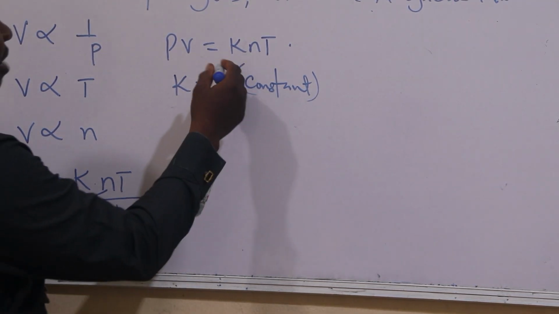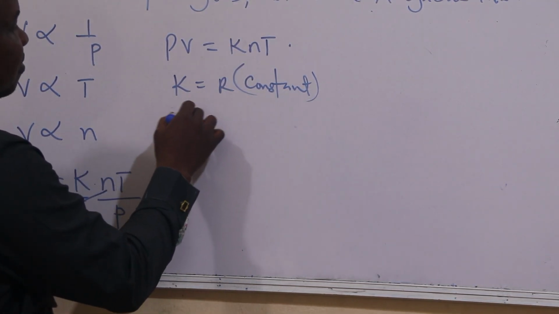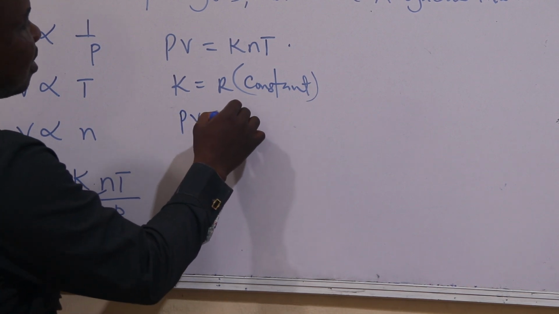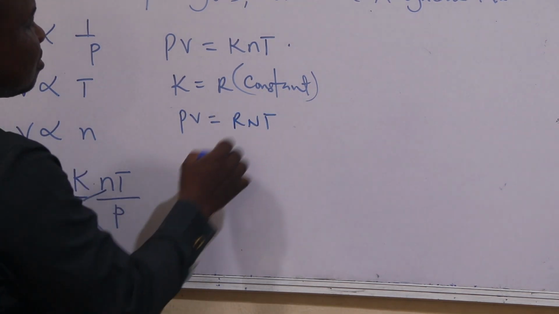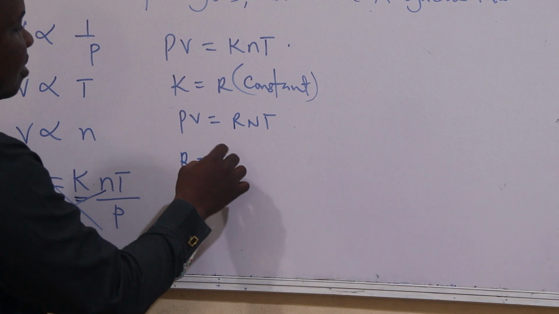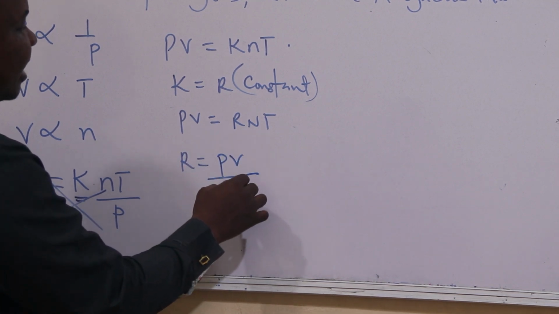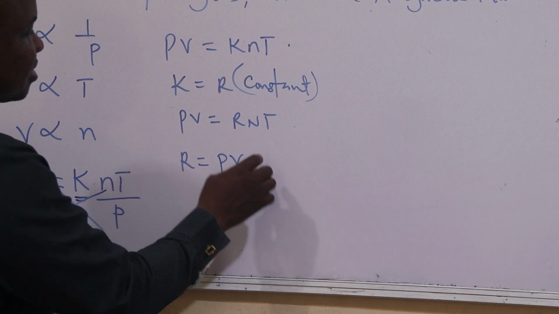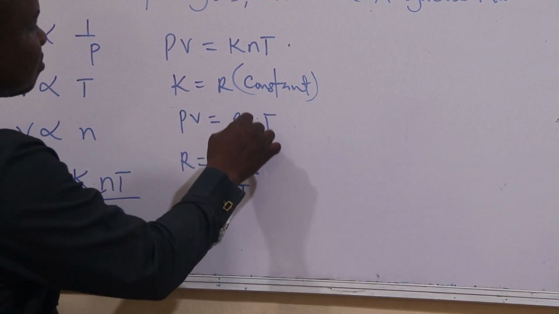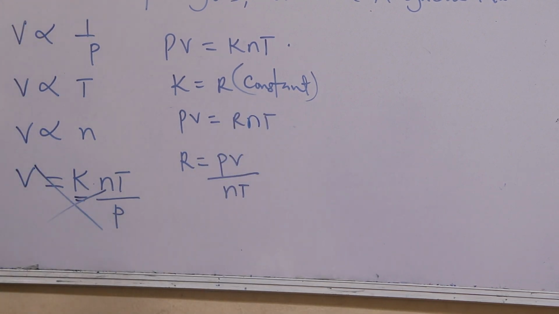So the formula becomes PV equals nRT, using small letter n as the number of moles.